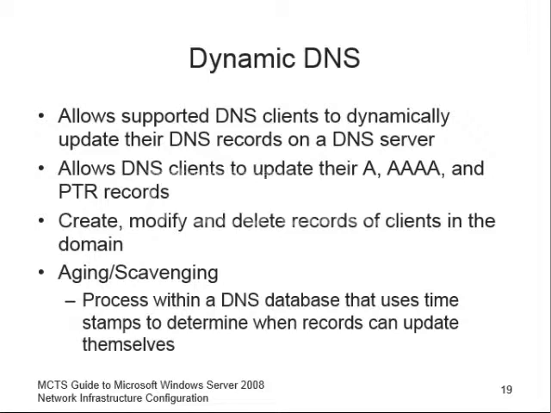Windows Server 2008 adds a timestamp to dynamically added resource records in primary zones where aging and scavenging are enabled. Records added manually are time-stamped with a value of 0, which indicates those records should be excluded from the aging and scavenging process.